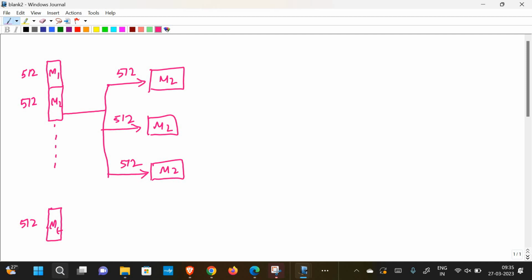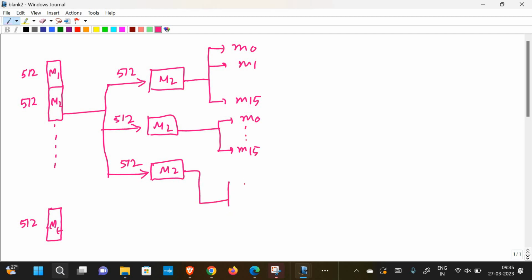So suppose it will be something like this: small m0, m1, up to M15. Similarly, this one will also have M0 to M15, and this will also have M0 to M15.